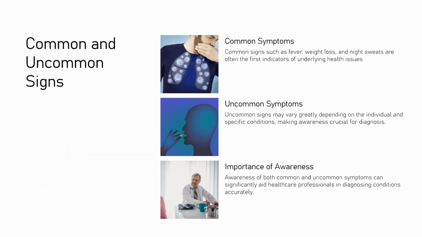As mentioned previously, the common signs and symptoms like fever, weight loss, and night sweats are often the first indicators of underlying health issues, but there are also uncommon signs which may vary greatly depending on the individual and specific conditions, making awareness crucial for diagnosis. Awareness of both common and uncommon symptoms can significantly aid healthcare professionals in diagnosing conditions accurately.